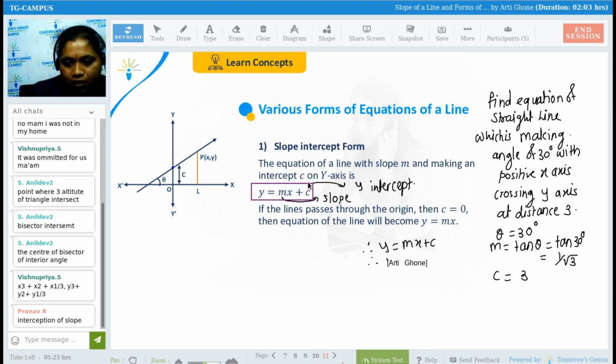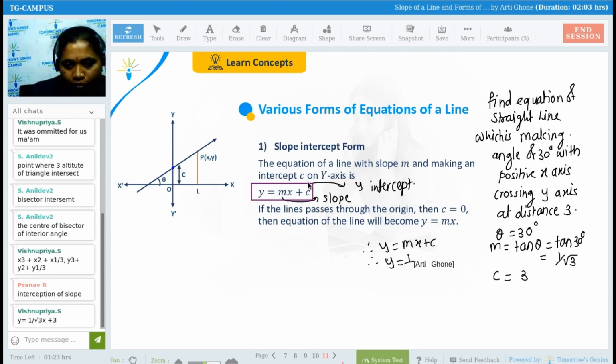So the equation is y is equal to 1 by root 3 x plus 3. So you can write root 3 y minus x minus 3 root 3 is equal to 0. Clear? Is the equation clear? How will we get the equation?